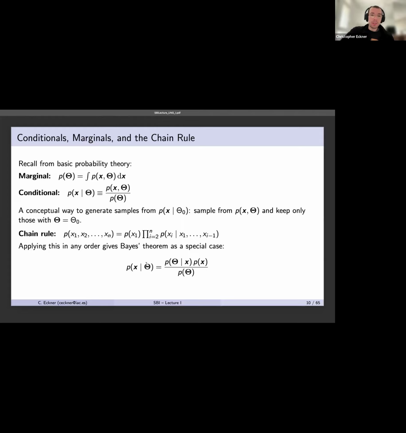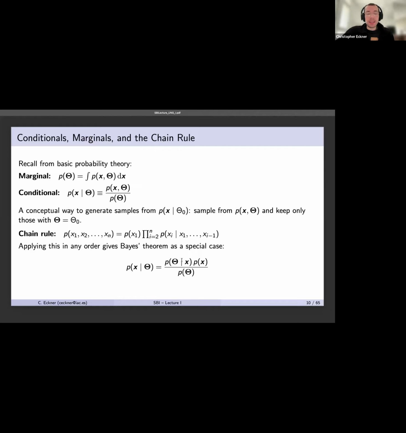So the quantity here on the left-hand side of the equation is called the likelihood of the data. And this is if I condition my joint probability on the parameters. So the question here is, given the parameters, whatever they might be, what is then the probability of my observations to look this and that?